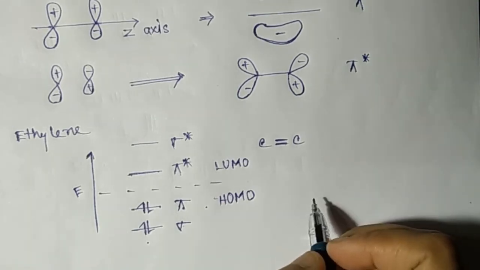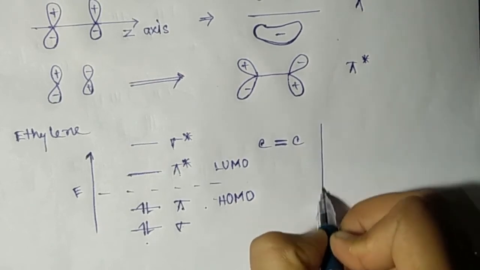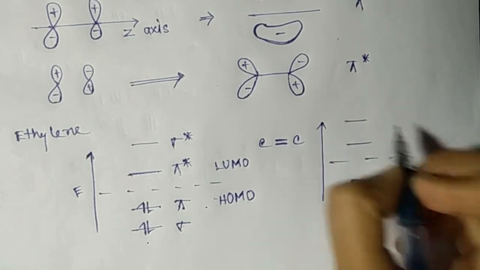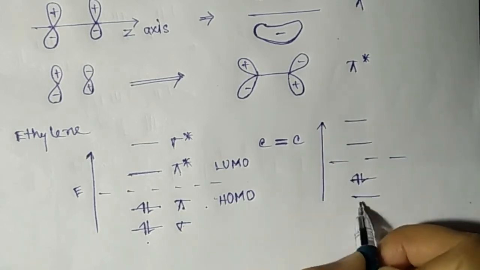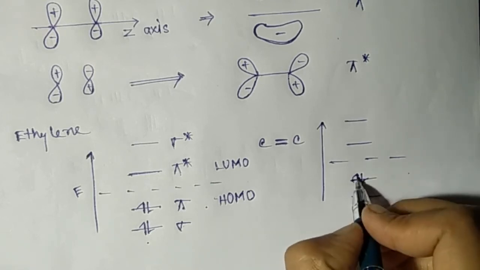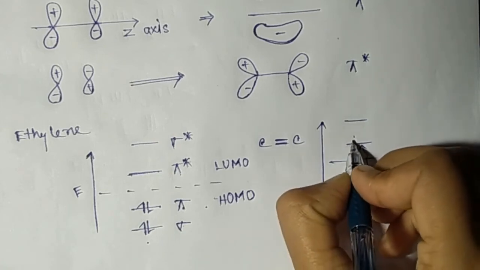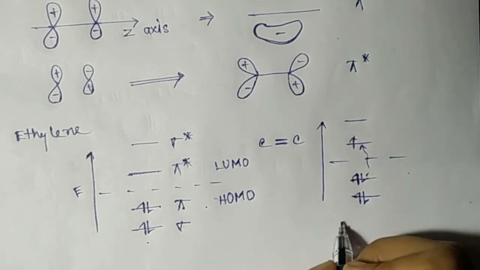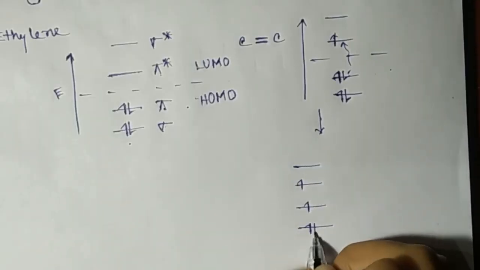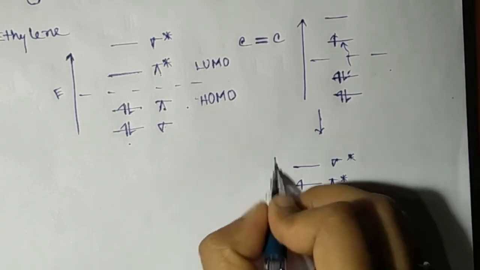So if we give a little bit of energy to ethylene, we will find that the electron in the pi MO gets excited to this position, and thus it becomes singly occupied.